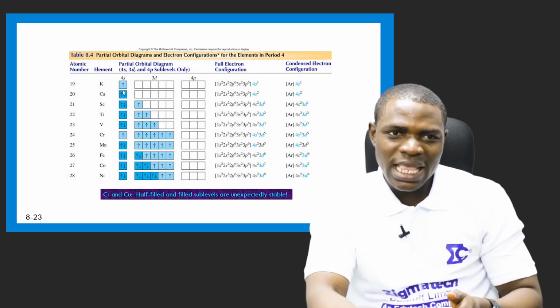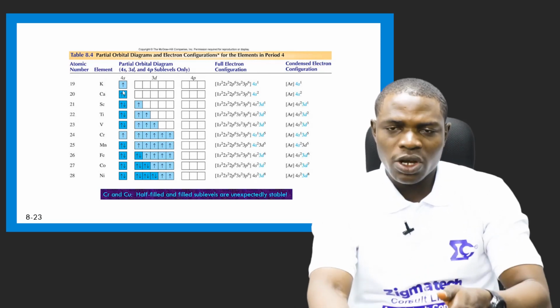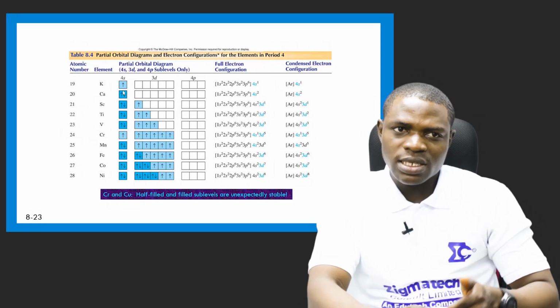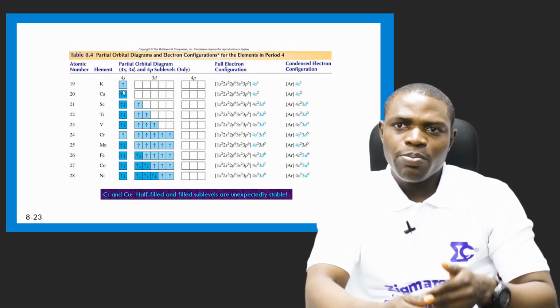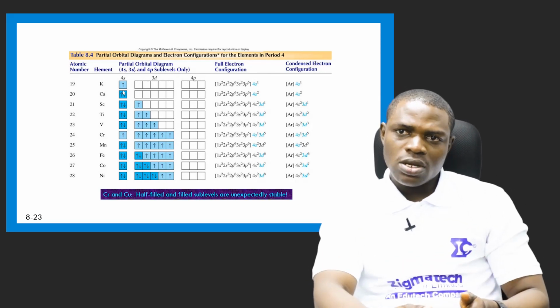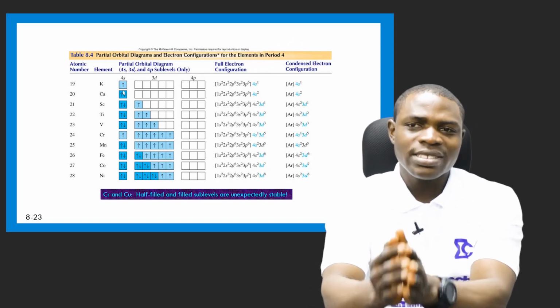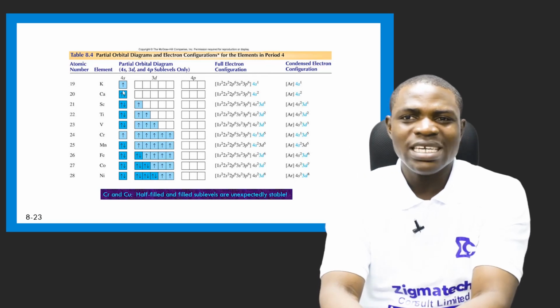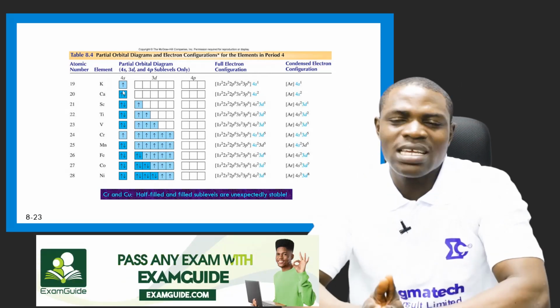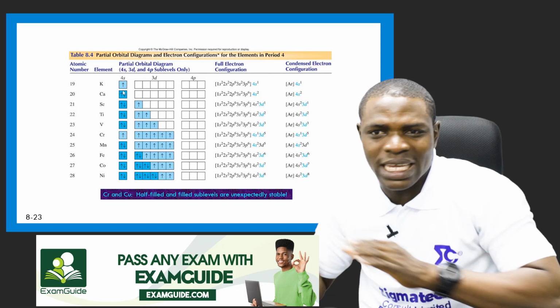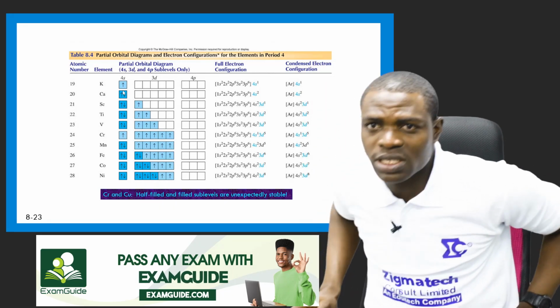Period 2, 1s, 2s. Period 3, 1s, 2s, 2p, 3s. Period 4, 4s. Are you following the sequence? This is how it works. Anything outside this is not chemically acceptable. You must follow the sequence.